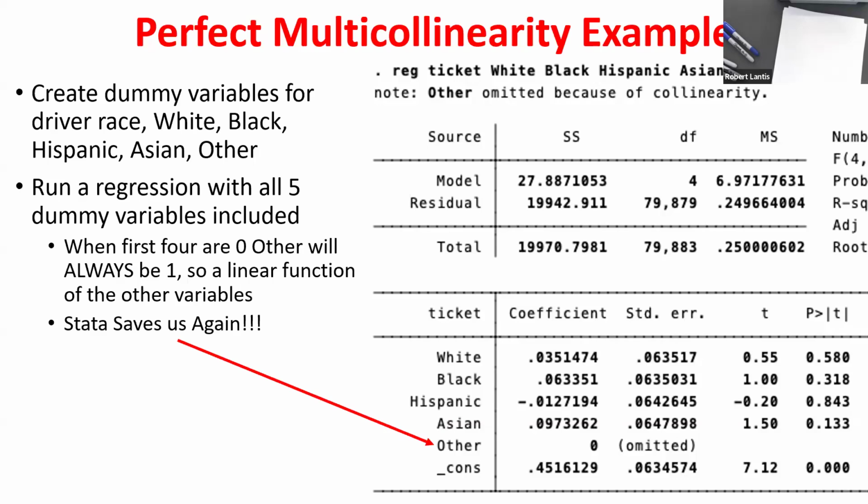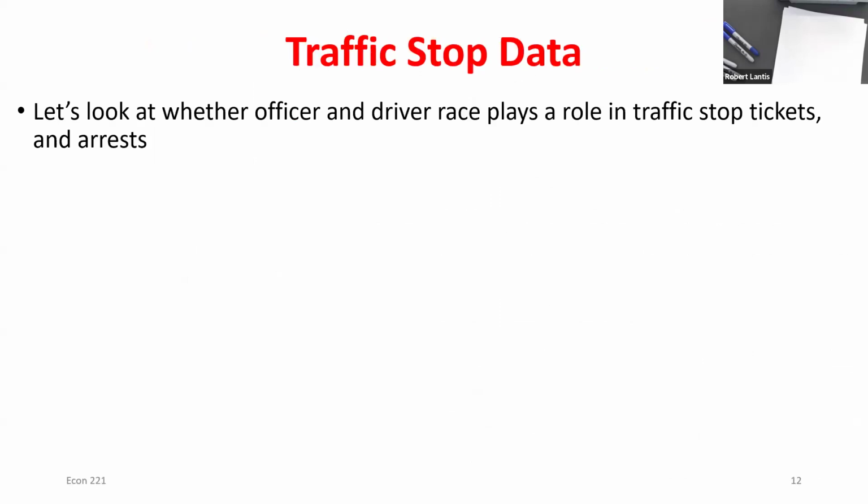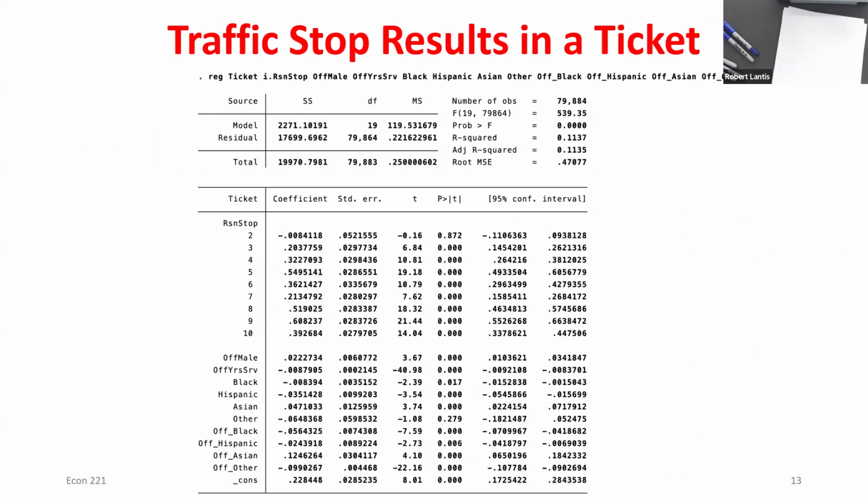Now, the problem is, in this way, I'm comparing these coefficients. We haven't talked about how to identify if there's a statistically significant difference between them, unless I leave one of those groups out in my regression. So if I instead left out white driver, which is what I did here, now when I'm looking at this black driver coefficient, it's negative, and I can ask whether that is statistically significantly different from the driver being white, because I've now left out that variable.